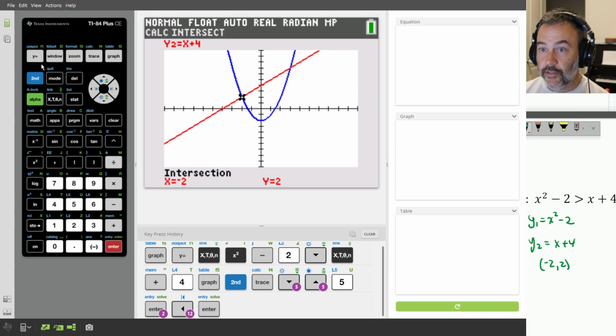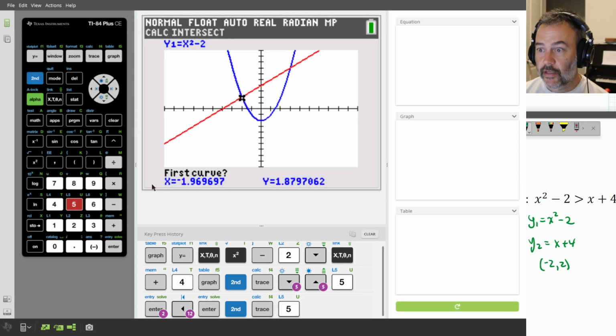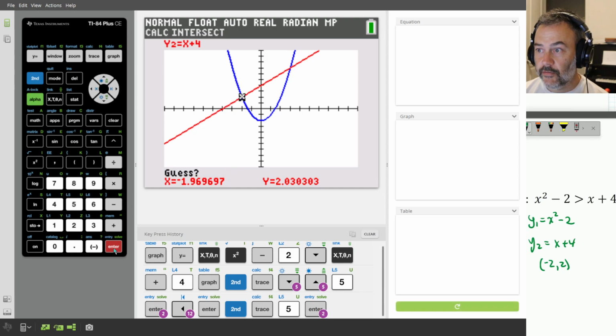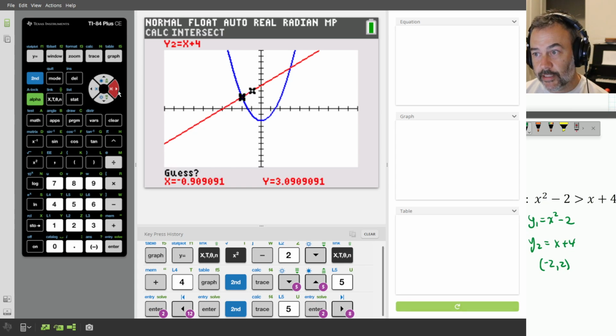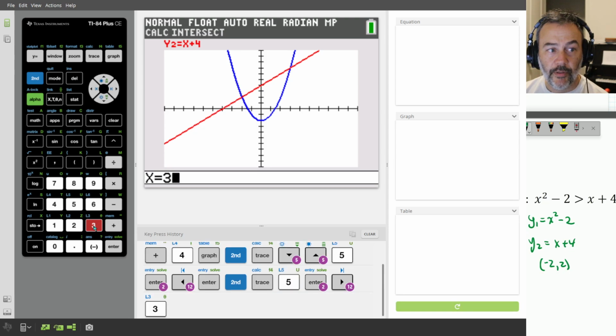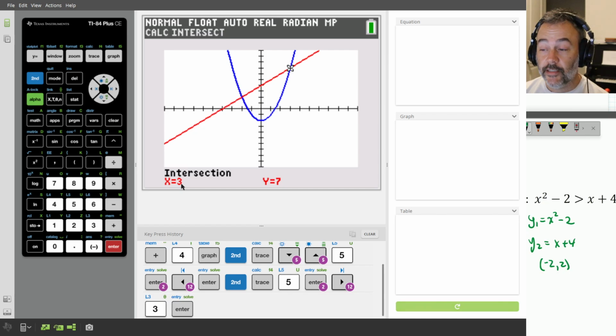And the other intersection point is, so I'll go second calc, 5, first curve, second curve. And now I put in a guess. It's about, do you see how it's at about x equals 3? Instead of moving the cursor all the way over here, because that takes a long time, you can actually just type the number 3, and that's pretty close. And actually, that was exactly correct. So the intersection point is 3, 7.